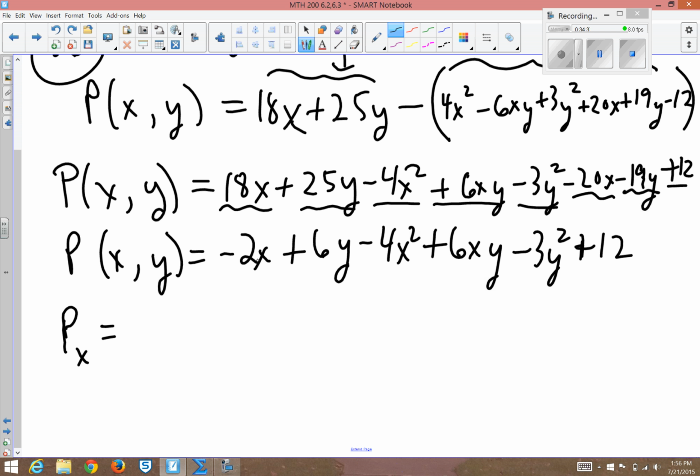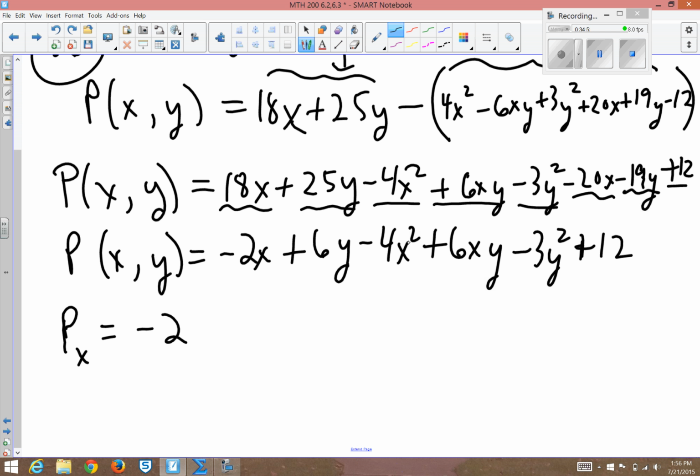So when we find the derivative of this with respect to x, we will pretend y is a constant. The derivative of negative 2x is negative 2. The derivative of 6y is 0 because we're pretending y is a constant.